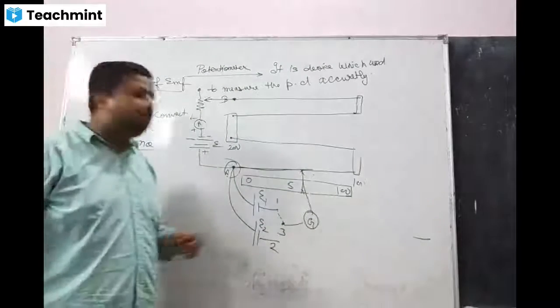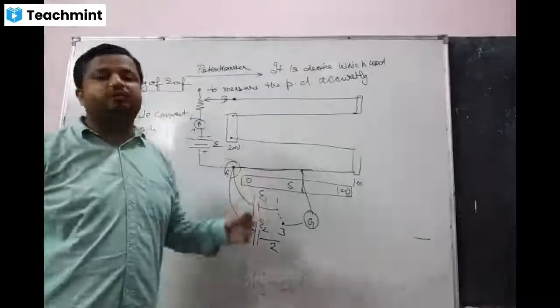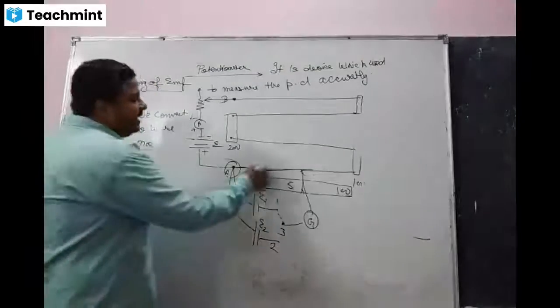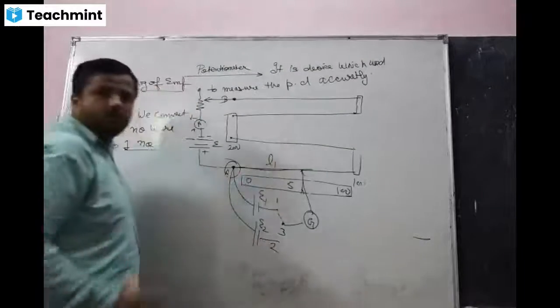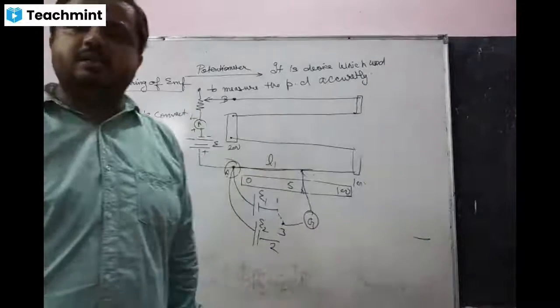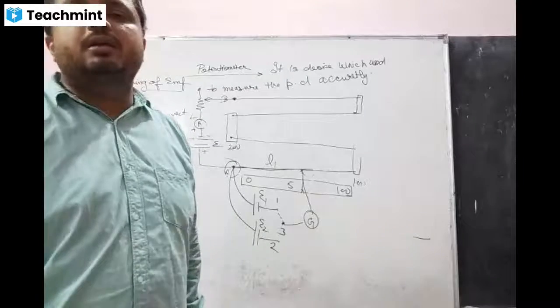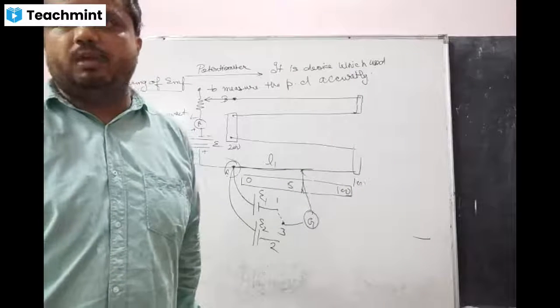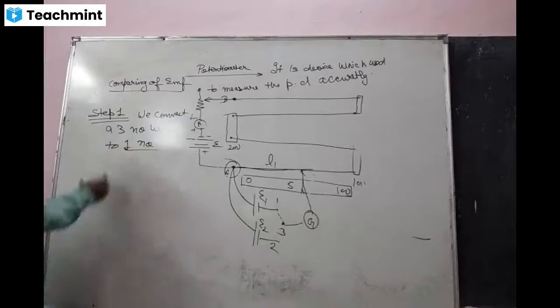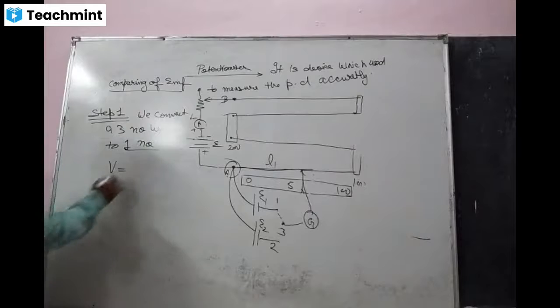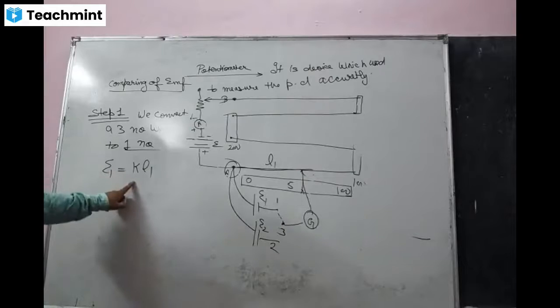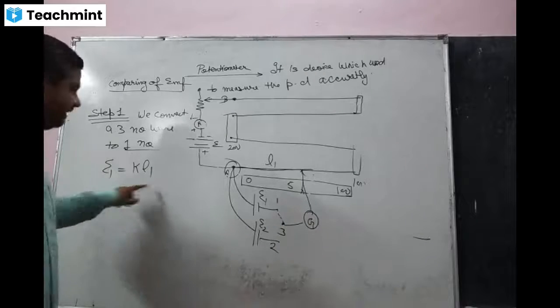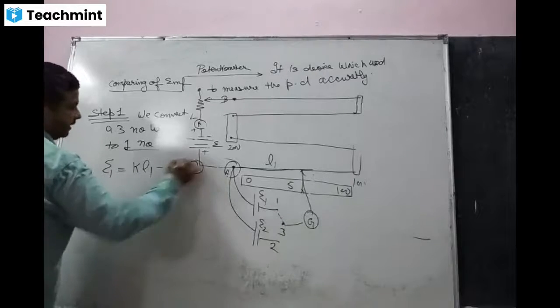L1 is the length where the galvanometer shows zero deflection. Then we can say that V equals KL1, that is, E1 equals KL1, where the potential gradient is K and L1 is the length. This is the first equation.